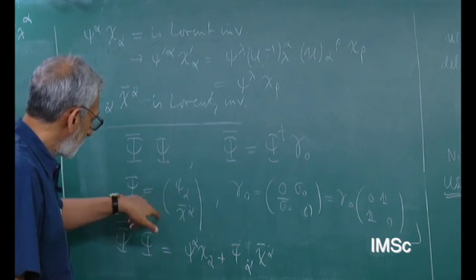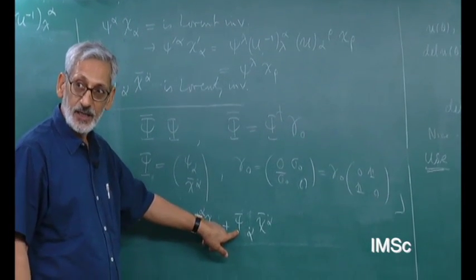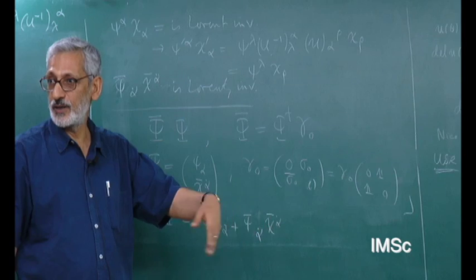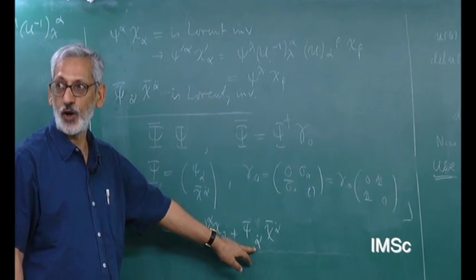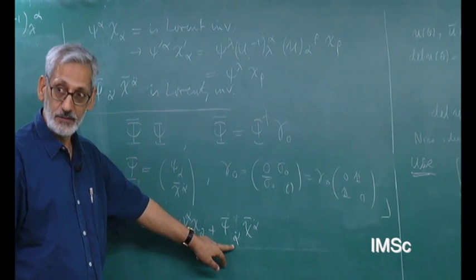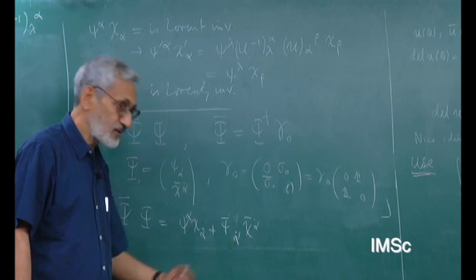So this, and when you take Hermitian conjugate, that will become psi bar, and under Hermitian conjugation the half zero representation goes to zero half representations, so you relabel the index alpha dot, because that transforms under second SU2. This is what it is. This is Lorentz invariant, this is Lorentz invariant.